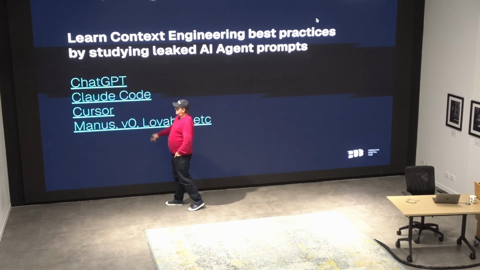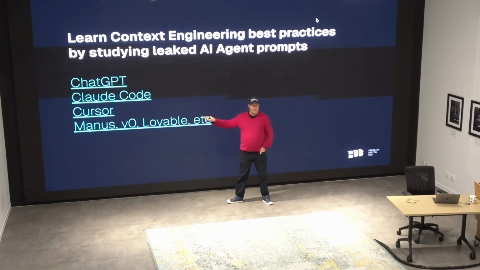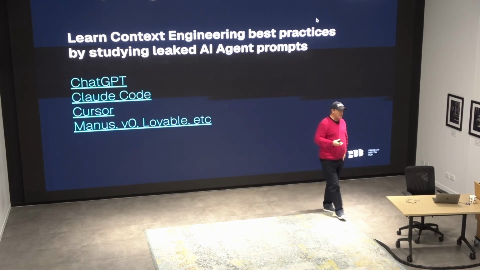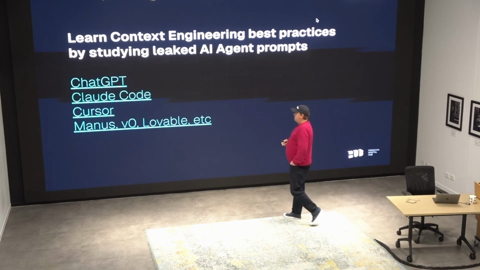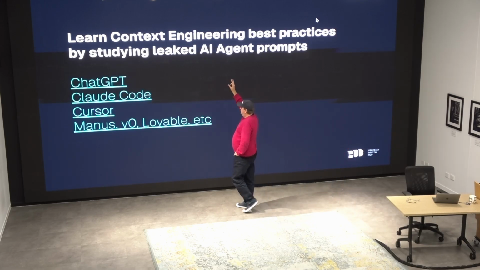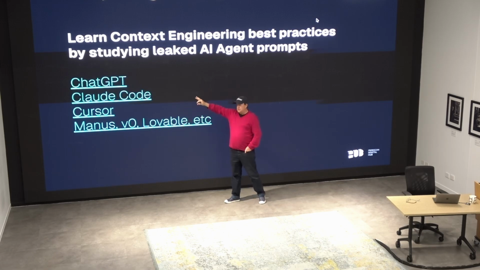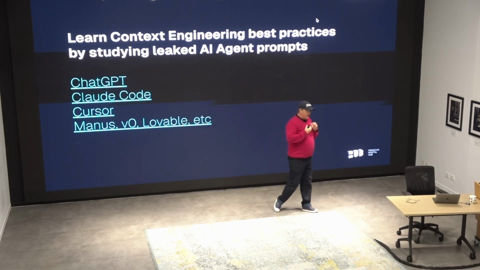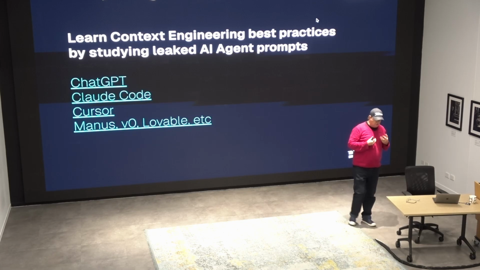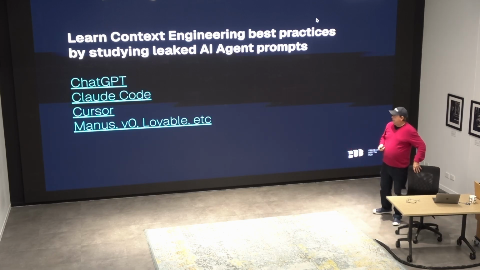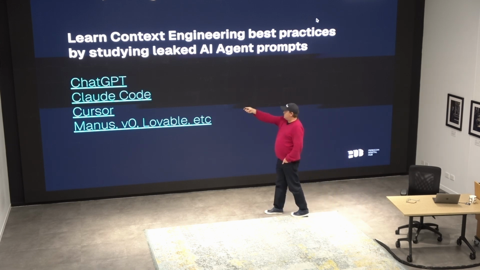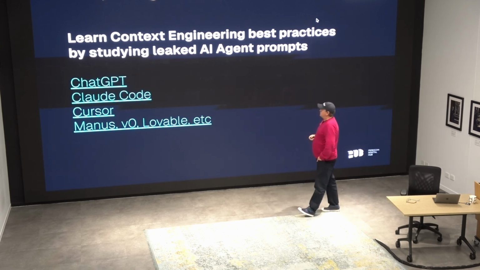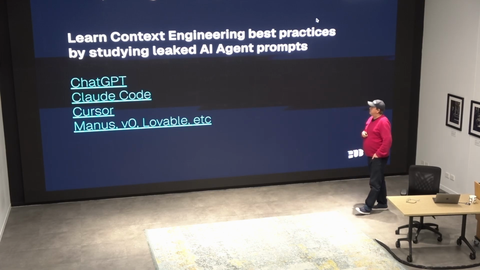You can go and inspect its prompts, the Cursor prompts, and then a whole bunch of the others, including Lovable, Manus, etc. So if you're wanting to learn about prompt engineering and how to build these kinds of products, there really is no better way to learn than looking at how these companies have created the prompts, instructions, tools, etc. that make those agents magical. I'll link you through to those different resources. Really great way to learn by studying those things.